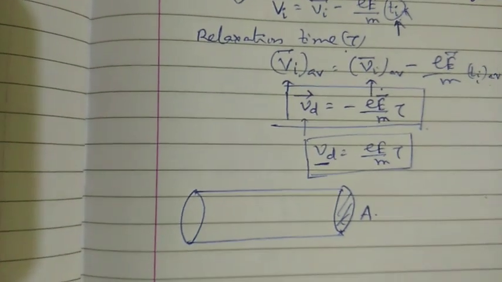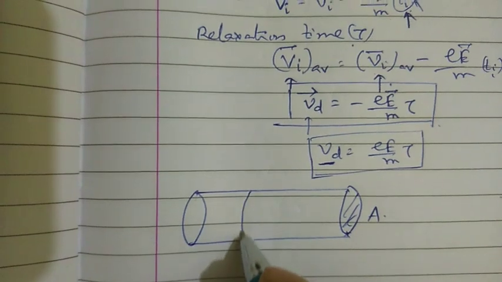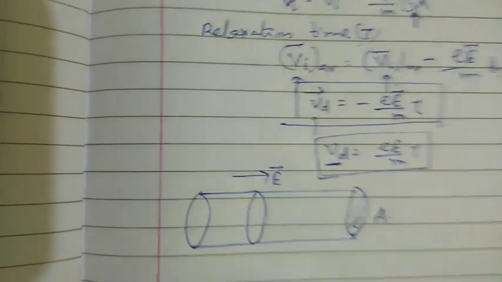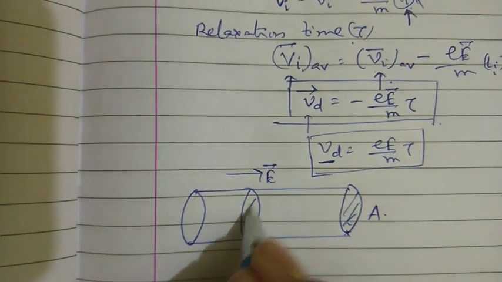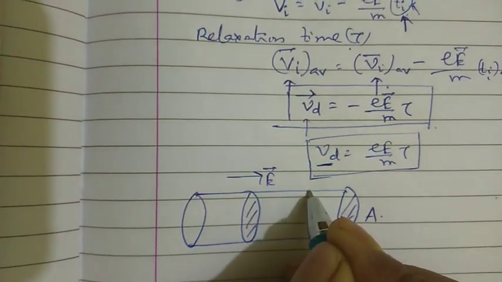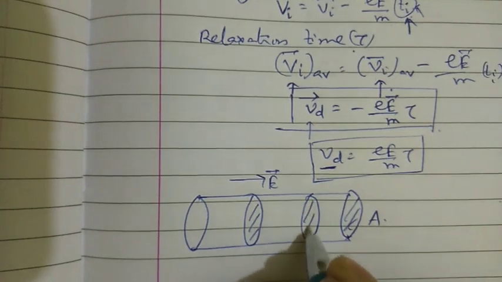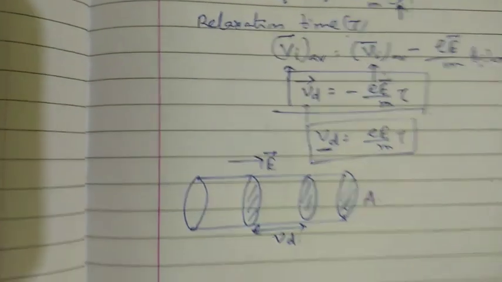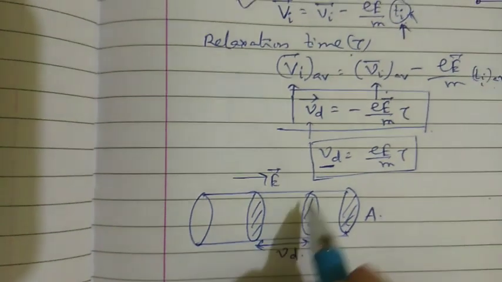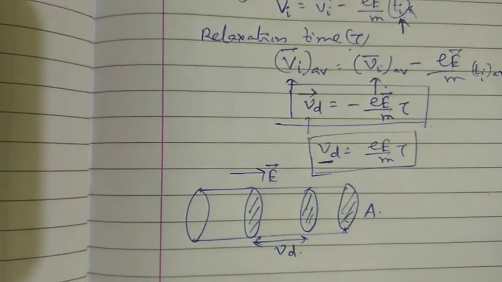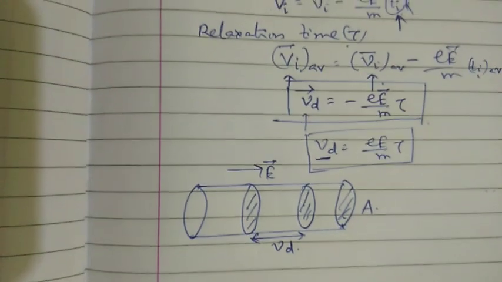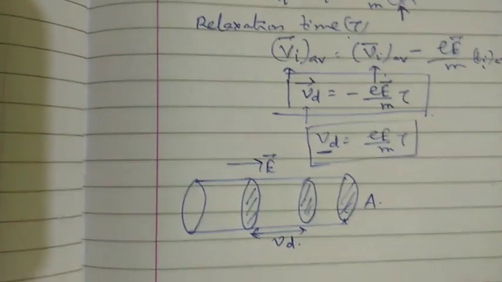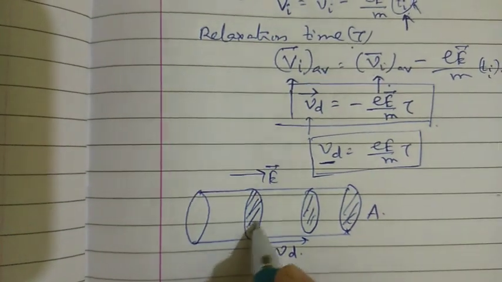So now consider one area here. The electric field is in this direction, and from here we take another cross section which is Vd distance apart. So actually this is the distance any electron covers in 1 second. Now we want to find out the amount of charge that crosses this area in 1 second.